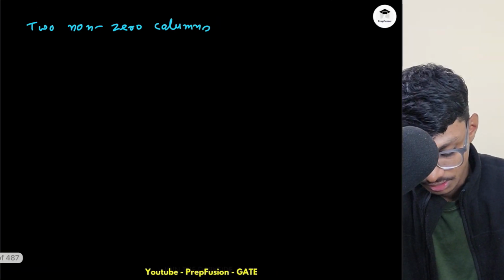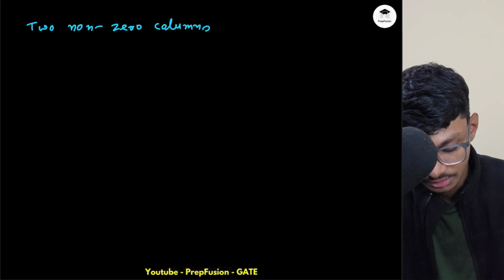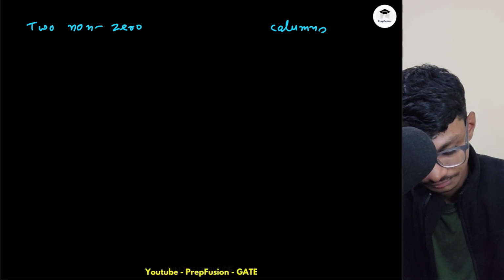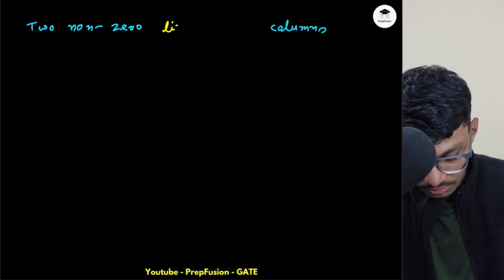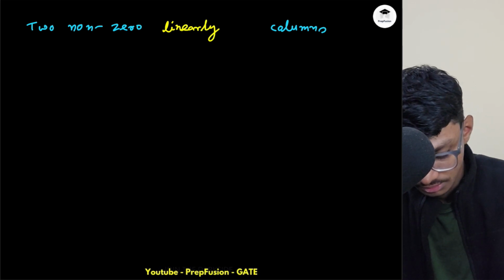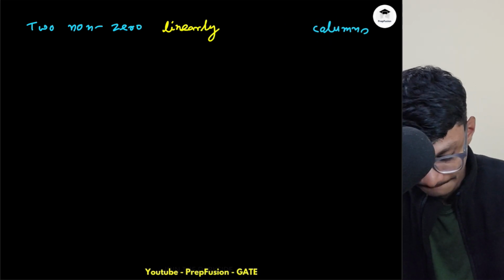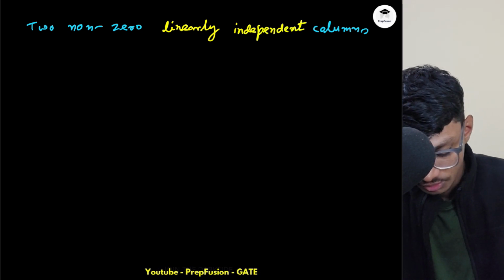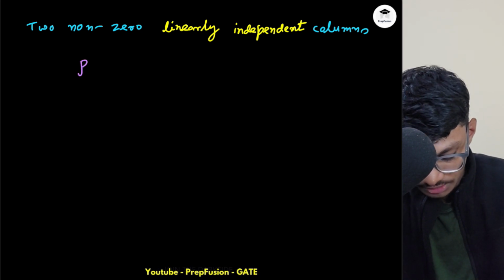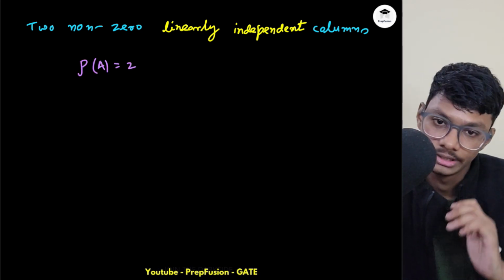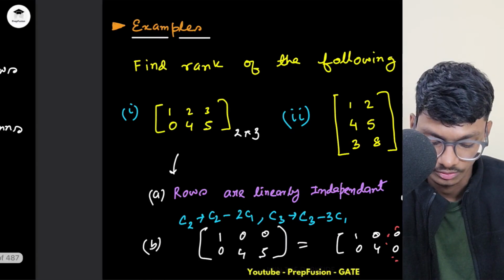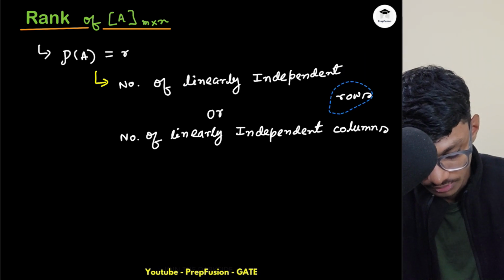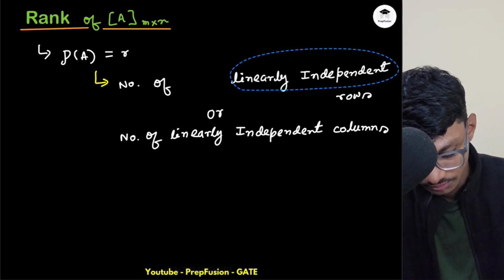So we have two non-zero linearly independent columns, and the rank will be 2. Whether you go from column or from row, it doesn't matter, you will get the same answer. So I should write here: number of non-zero linearly independent rows and columns. This is also another definition.